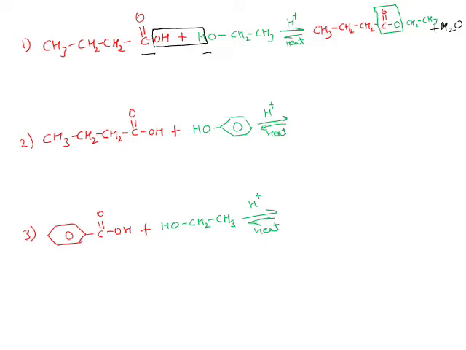Let's try to solve the second one. Again the same, OH is removed as water with a hydrogen from the alcohol, and then you're going to get the product CH3, CH2, CH2, C double bond O. This is the benzene ring, and then you will have water at the end. Let's do our last example, the third one.